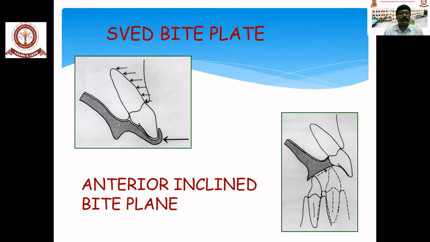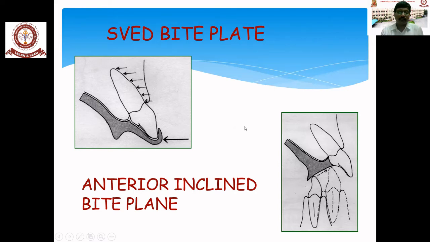Next, you have SVED's bite plane. SVED's bite plane is nothing but an acrylic capping. You have an anterior inclined plane, along with an acrylic capping on the anterior region. What it does is reinforce the anchorage. Whenever you have a bite plane like this, the lower anterior is going to come and hit the upper, and the incisal capping will prevent the upper from getting proclined.